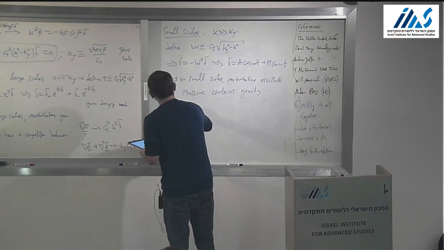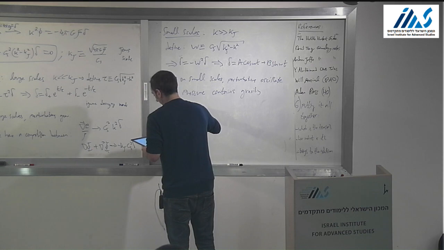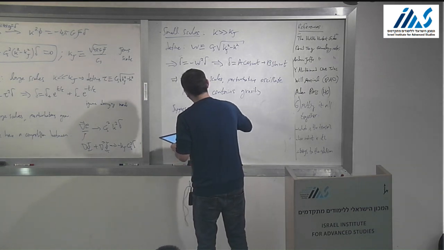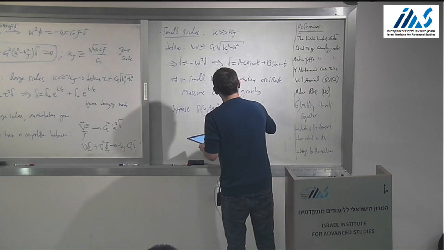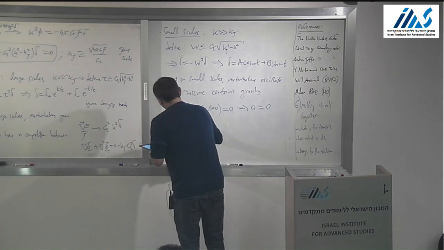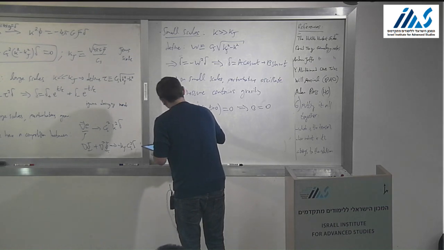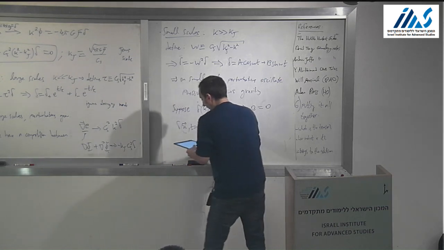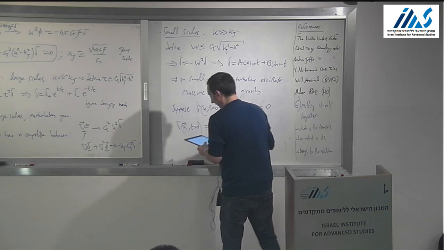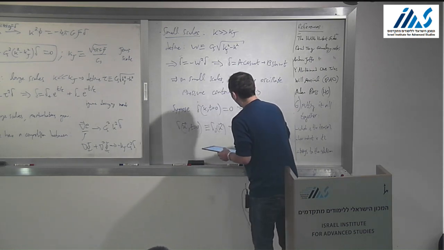Now suppose that we start from no velocity, which means that b equals 0, and define the initial perturbation at t0, which is delta naught k, as a.